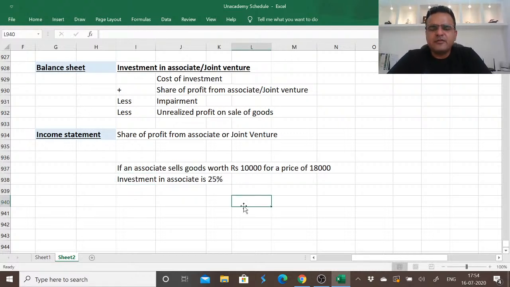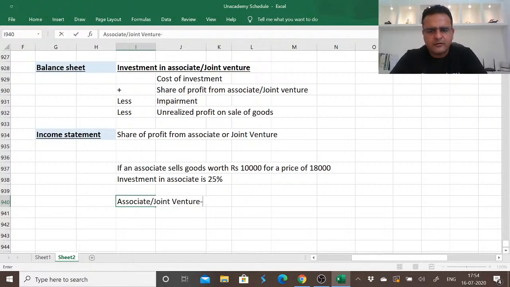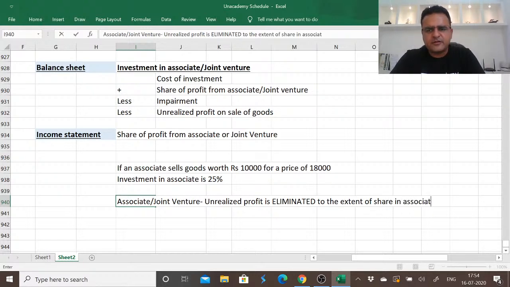So in case of subsidiary, we eliminate unrealized profit in full, but in case of associate or JV, unrealized profit is eliminated to the extent of share in associate or JV.